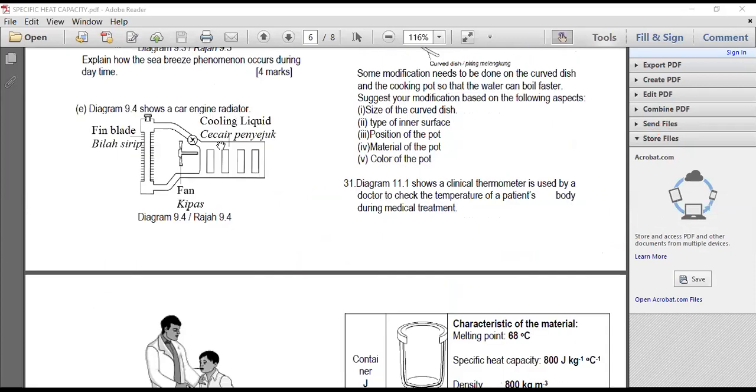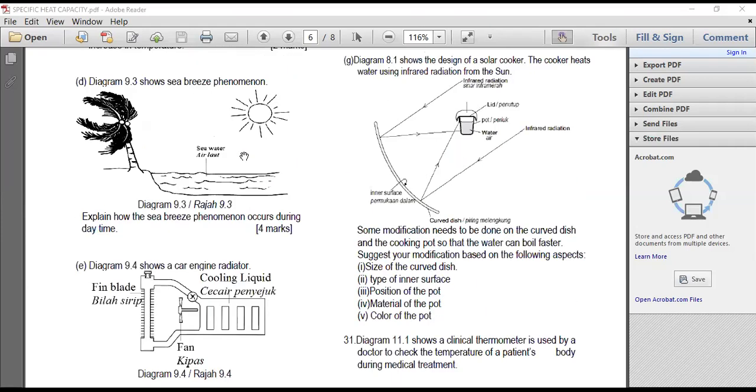If the liquid changes to gas, what happened? The volume of the liquid inside will start to reduce. So then it's not enough to absorb the heat from the engine.